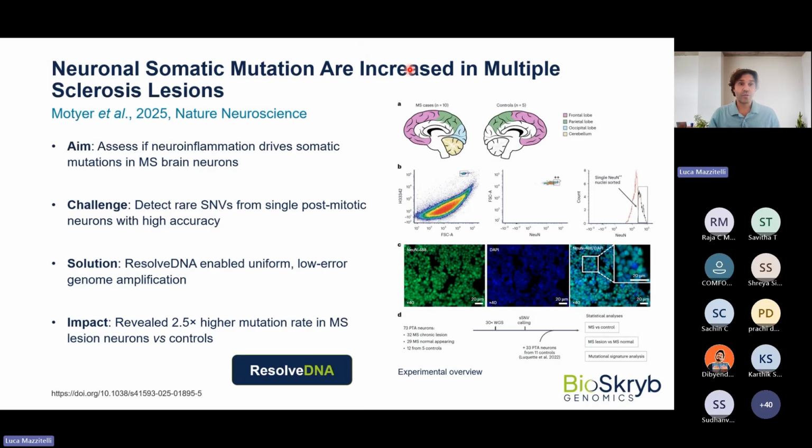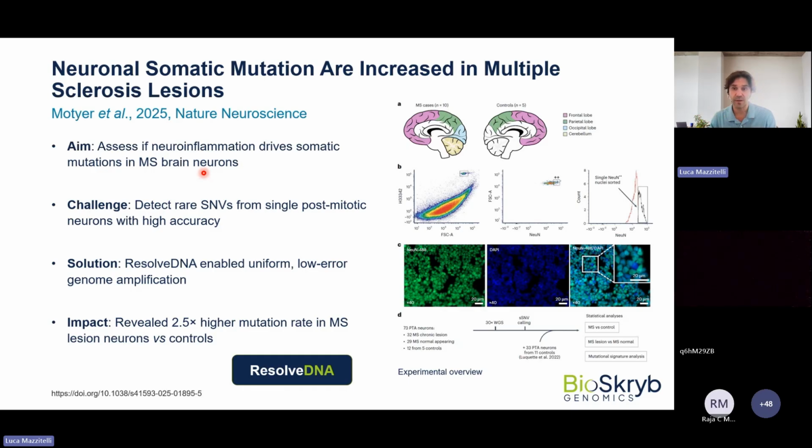Other approach, which is in neuroscience. So in this paper, the authors wanted to assess whether chronic neuroinflammation in multiple sclerosis drives somatic mutation in single cell neurons from lesion and non-lesion brain regions.